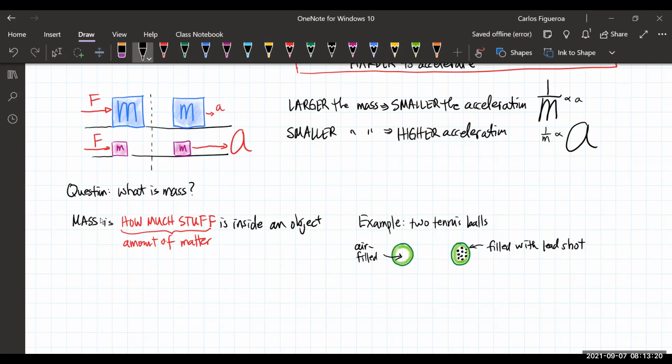But what do we say here? We say that this guy has less stuff inside, and that means less mass. This guy over here has more stuff inside, and therefore this has more mass.